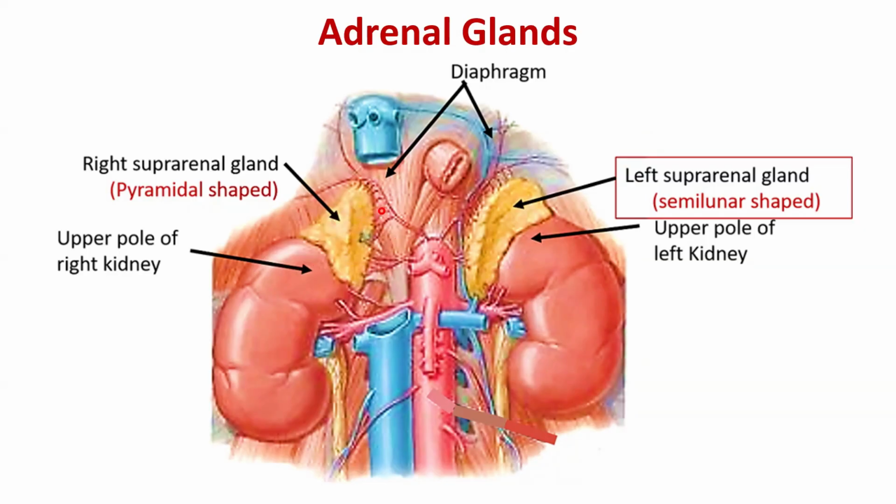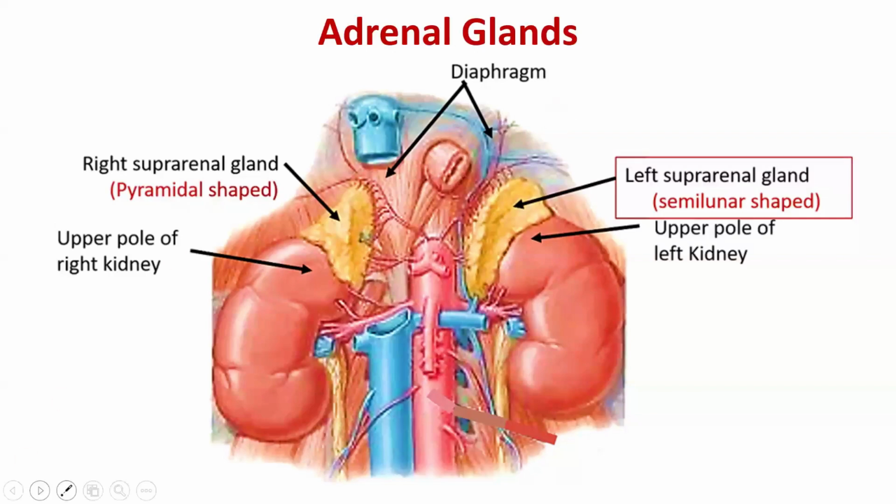These suprarenal glands are just above each kidney: the right suprarenal gland and the left suprarenal gland, also known as adrenal glands.